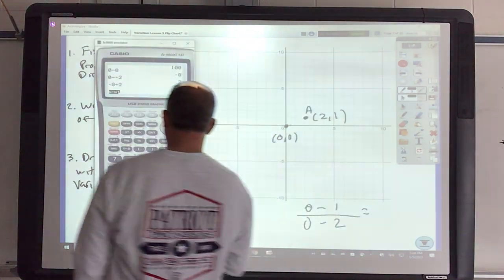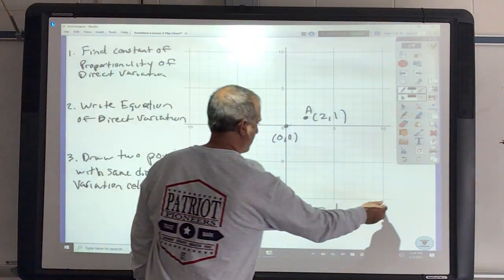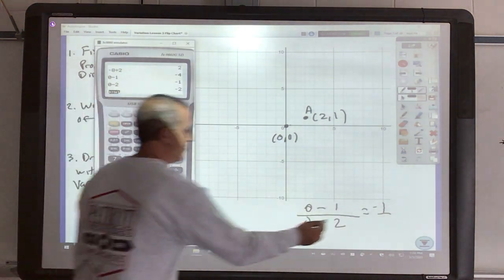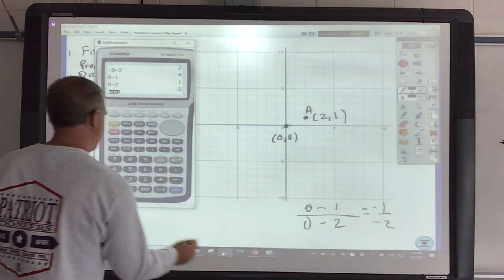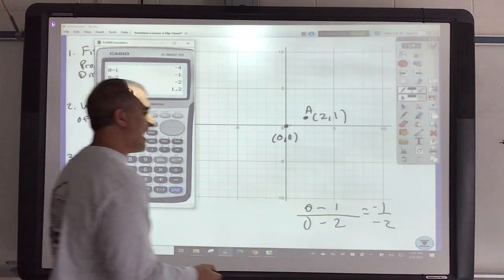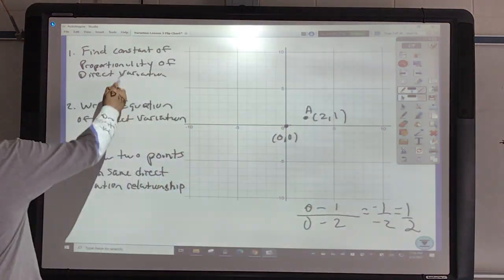Okay? 0 minus 1 is negative 1. 0 minus 2 is negative 2. Negative 1 divided by negative 2 as a fraction would be a half.